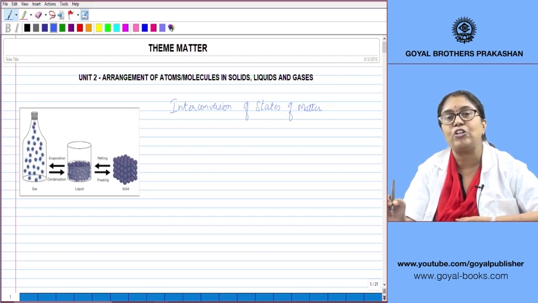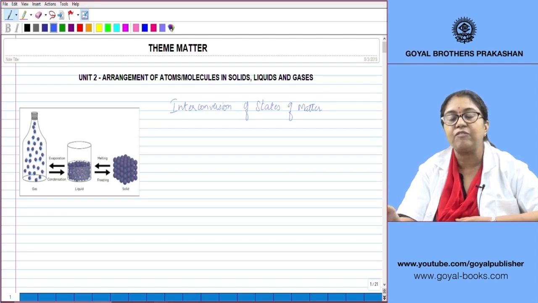The greater the intermolecular forces of attraction, the more energy is required to overcome these forces and convert one state of matter to the other. So in today's class, let's discuss the processes involved in interconversion of states of matter.